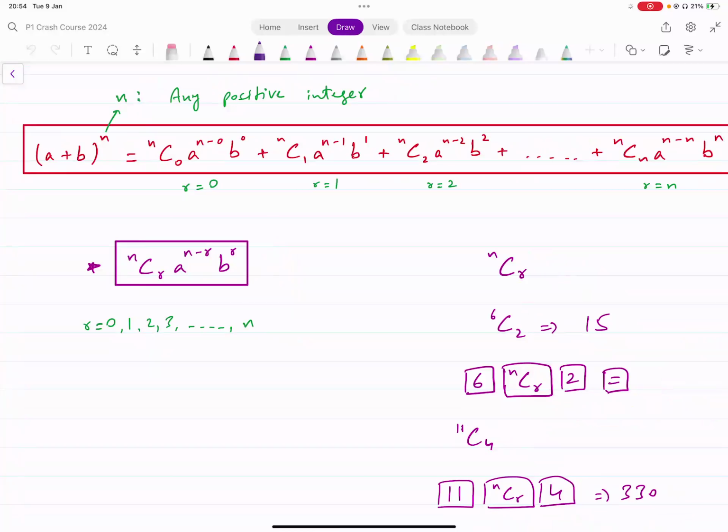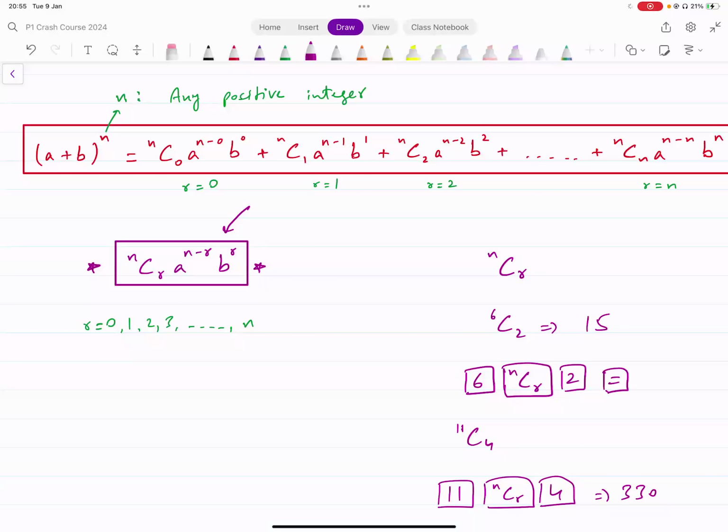Remember this? Every term in this formula looks like this: nCr into a raised to power n minus r into b raised to power r. This is actually the general term formula that we have. Every term is of this form.